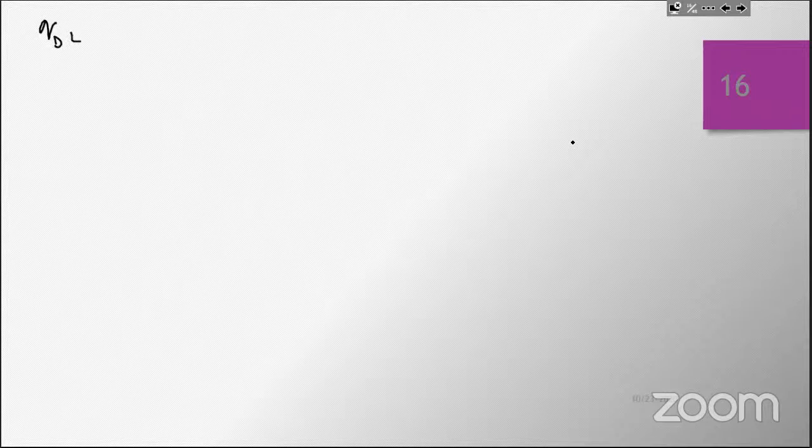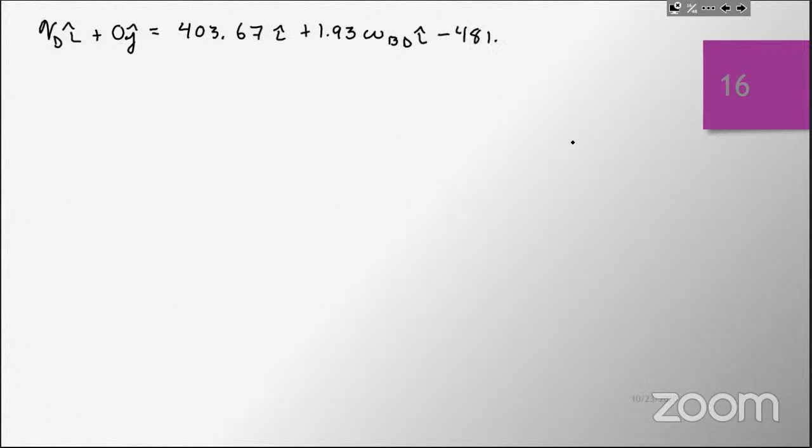We've got VD I plus 0 J is equal to 403.67 I plus 1.93 omega BD I minus 481.33 J plus 7.76 omega BD.